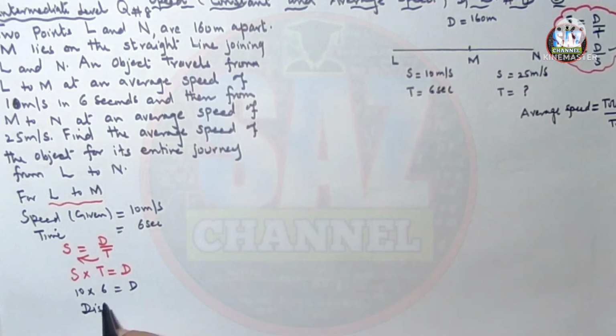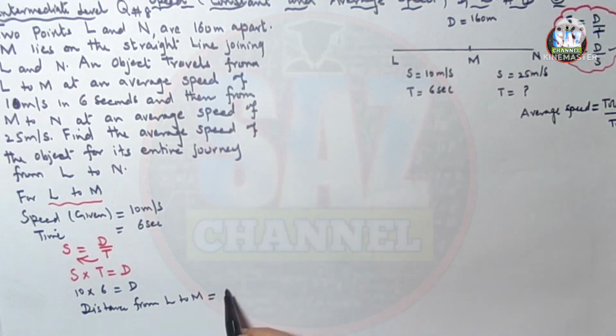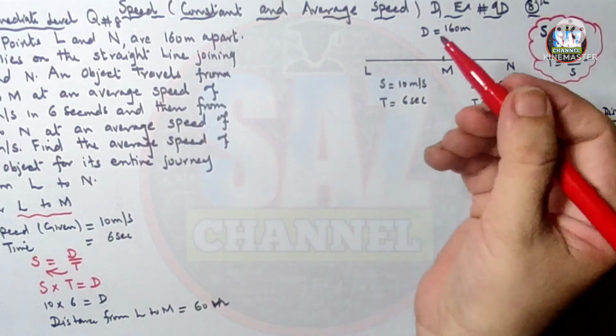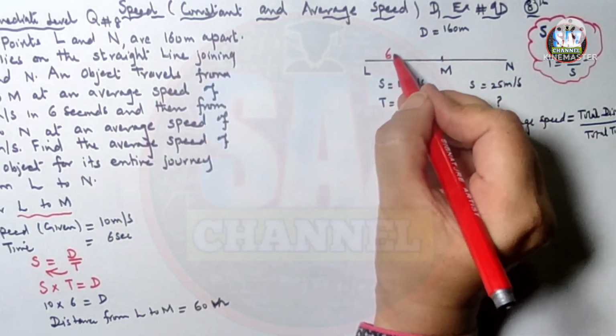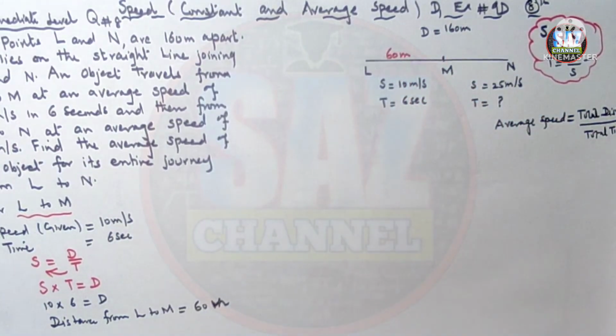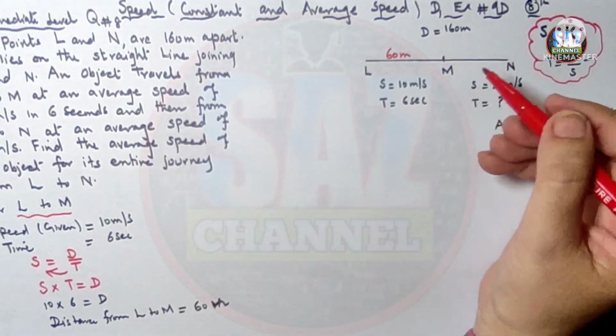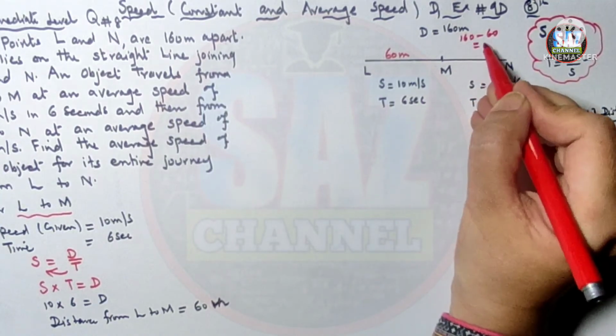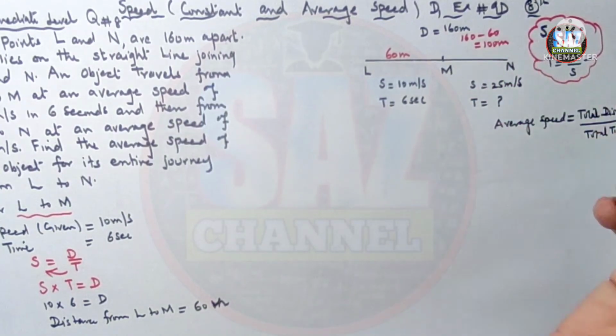So distance from L to M is 10 multiplied by 6, which is 60 meters. So it means that out of 160 meters, 60 meters he has traveled from L to M, and from M to N, 160 minus 60, which is equal to 100 meters, is the distance.